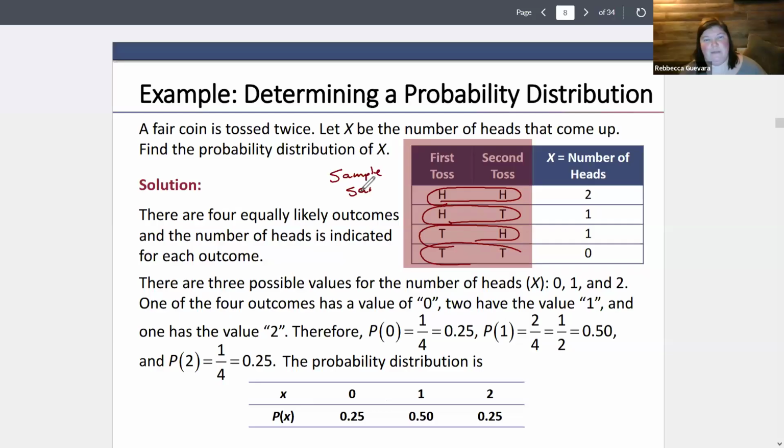That's all my outcomes. So I can get 2 heads, a head and a tail, a tail and a head, or a tail and a tail. The number of heads I have here is 0 if I get 2 tails, 1 if I get a tail and a head, 1 again if I get a head and a tail, and if I get 2 heads, the number is 2. So these are my random variables.